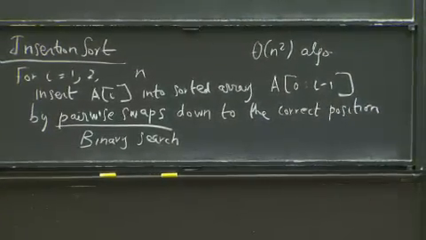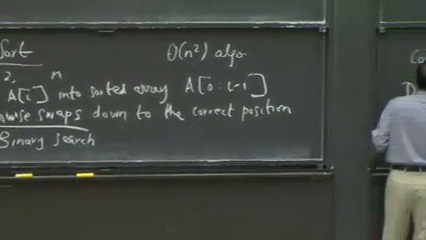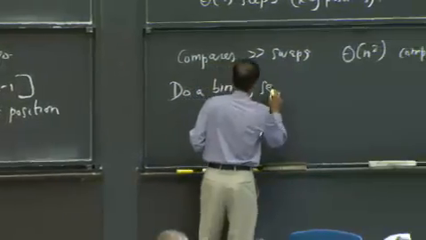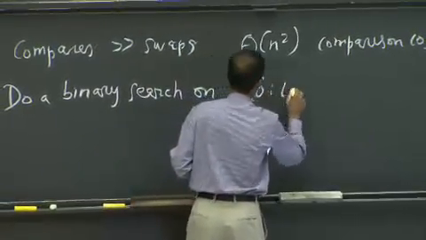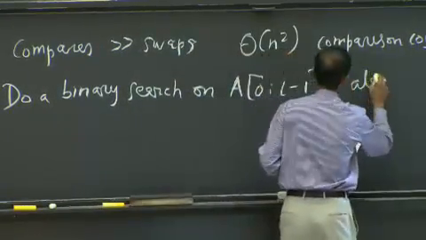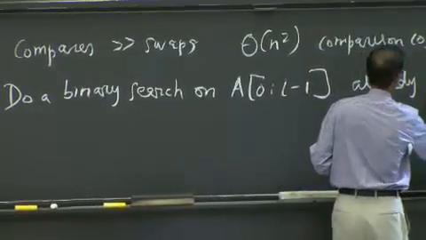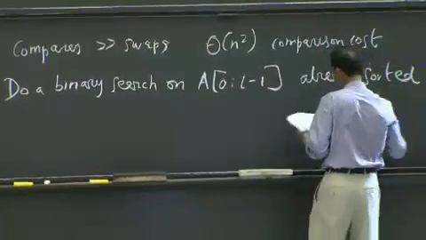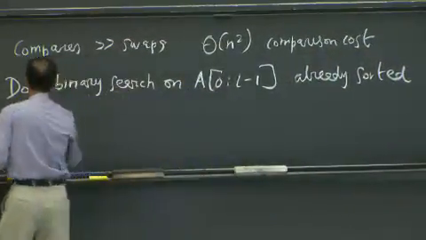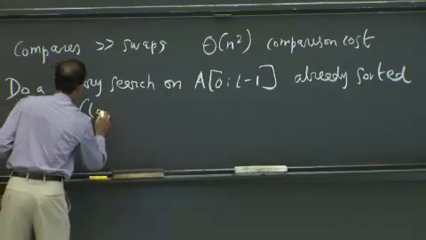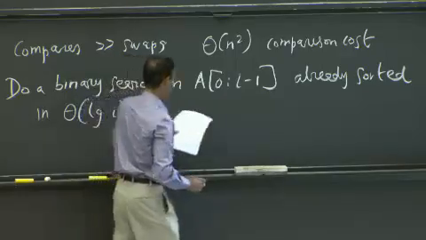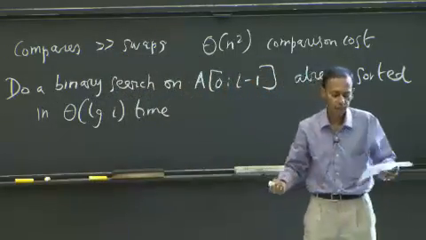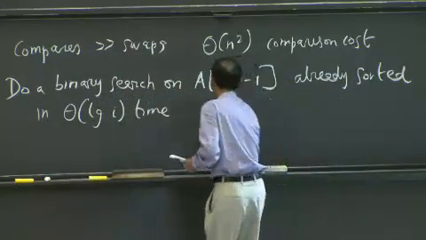Let me just write that down. Do a binary search on a of 0 through I minus 1, which is already sorted. Essentially, you can think of it as theta log I time for each of those steps, and so then you get your theta n log n.